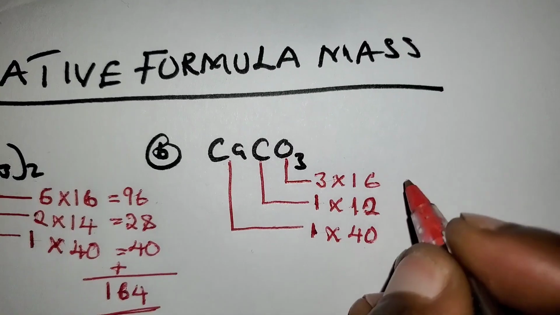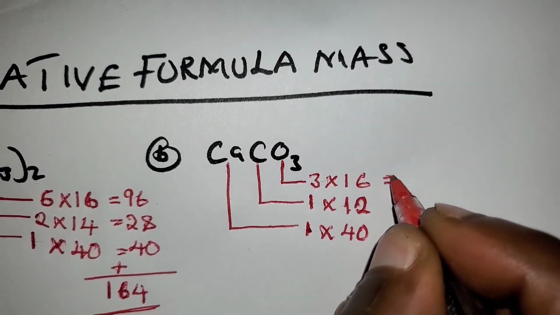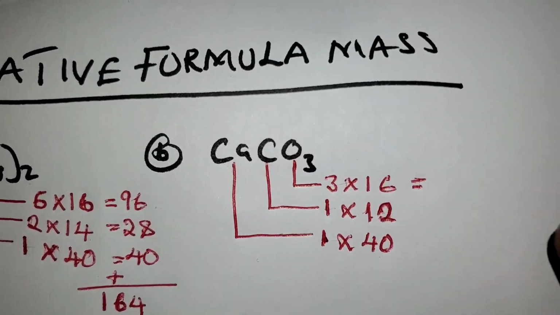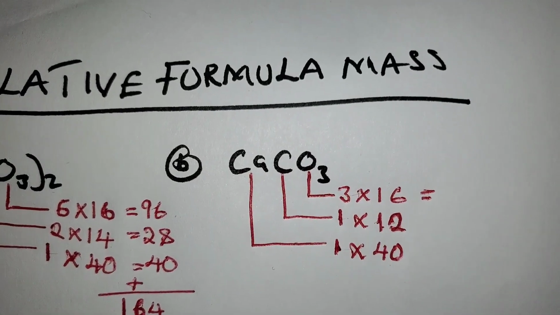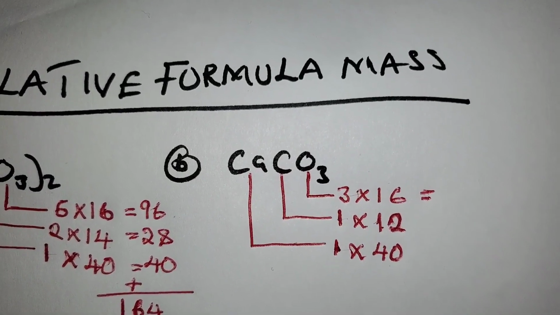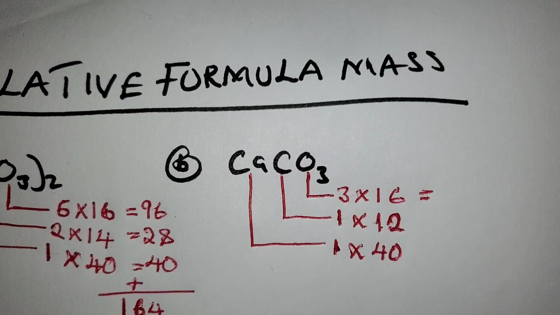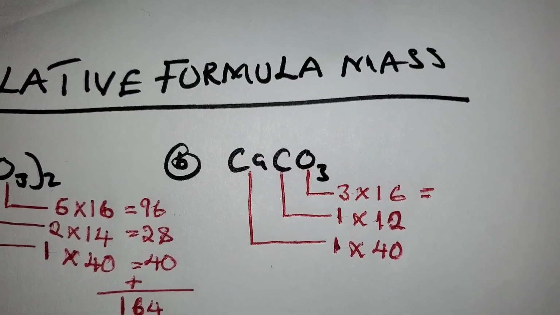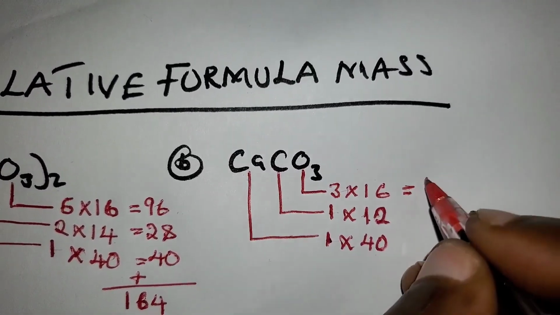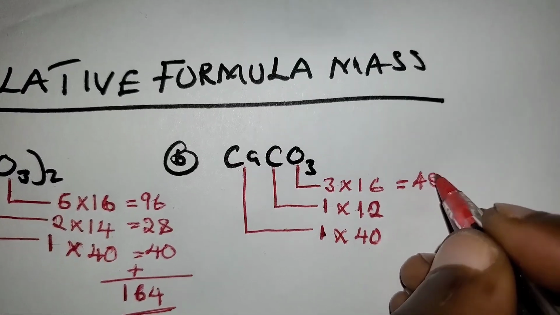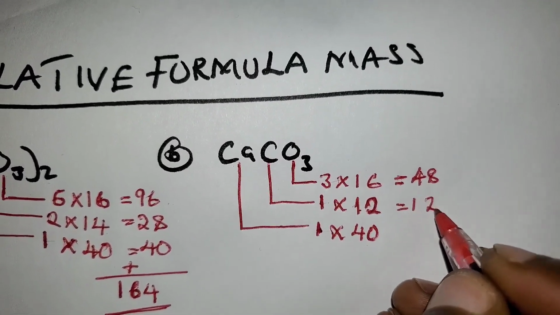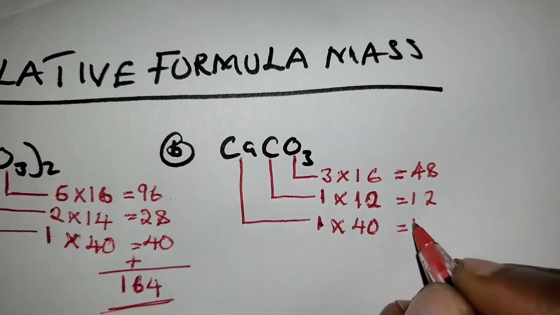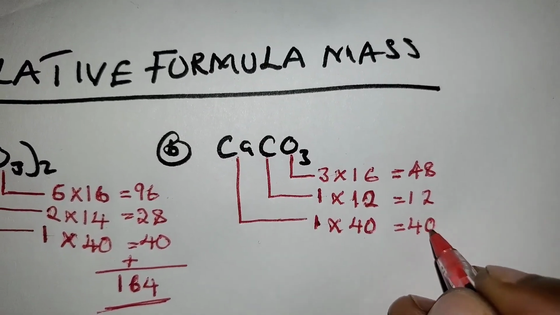Then what you need to do is multiply 3 by 16, which is 48. 48 plus 12 plus 40.